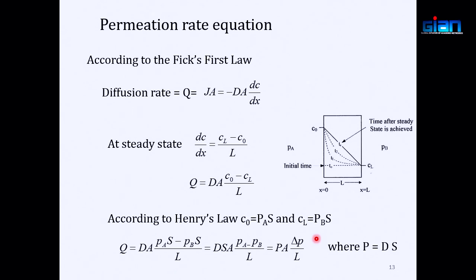Whatever units you use, you can use whatever the partial pressure of oxygen is outside and whatever is the partial pressure of oxygen inside the package. That will give you the delta P, and this is the thickness of the film. This is the surface area of your package, and if you know the permeability of oxygen for that film, then you can calculate how much oxygen is getting into the package per unit time, correct?